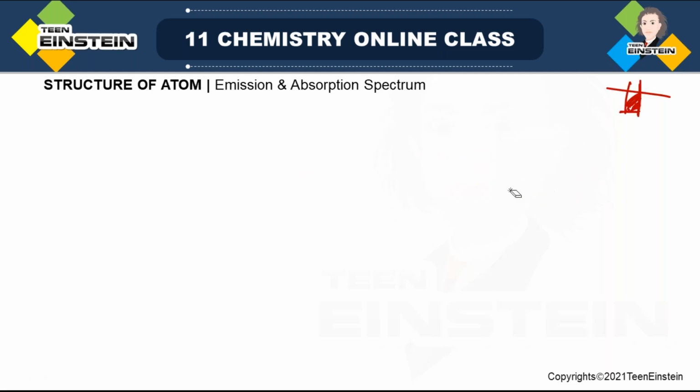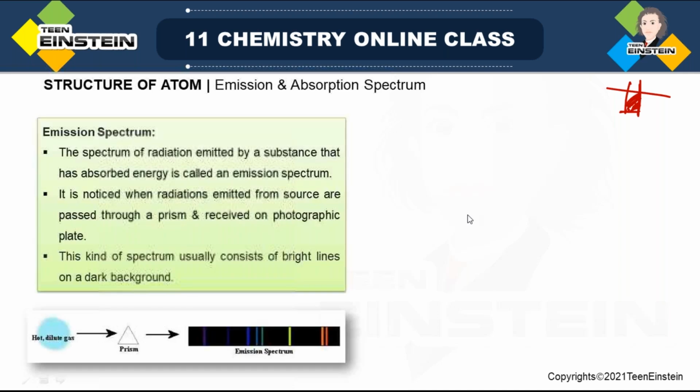separately, and we will also see the picture. So see, when it is emission spectrum, it is having some bright lines in some dark background. Okay, so we have some hot dilute gas. It is emitting some radiation, and this radiation, when going through a prism, you are getting this type of spectrum. Spectrum of radiation emitted by a substance that has absorbed energy.